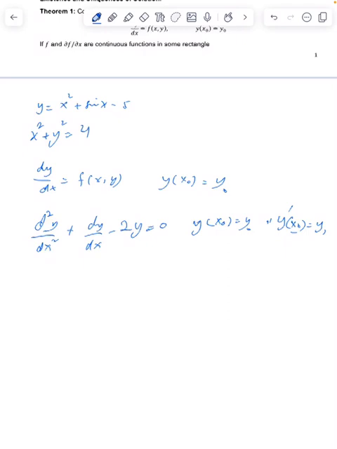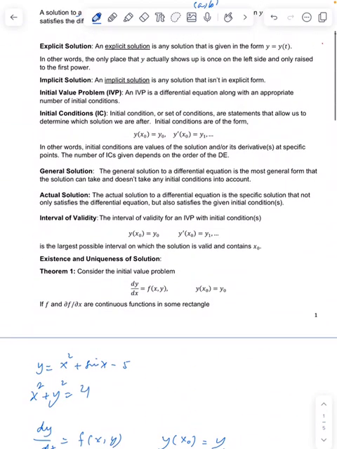So x naught will be the same for all the initial conditions, but of course the y values will be different.